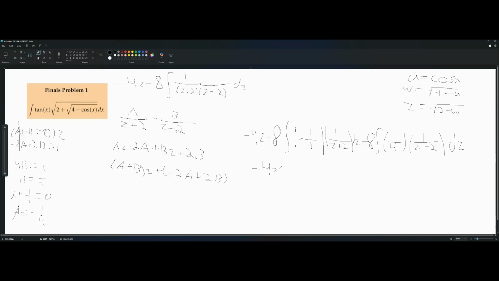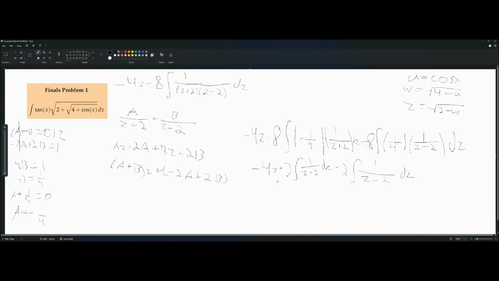So we can get minus, or no, this would be plus the 8/4. This gives us 2 times the integral of 1 over z plus 2 dz minus 2 times the integral of 1 over z minus 2 dz.